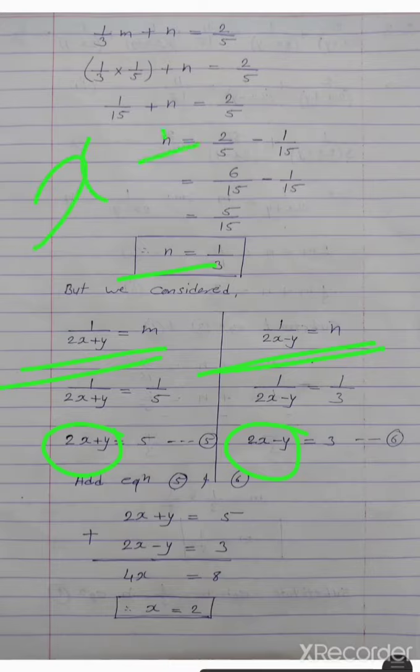If both variables are there in the denominator, then your equation will be a linear equation in two variables. This question is quite difficult, therefore here you get double linear equations. So again by using two methods, either substitution or elimination method, you can find the values of x and y.